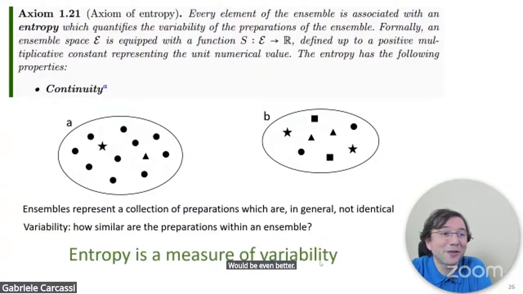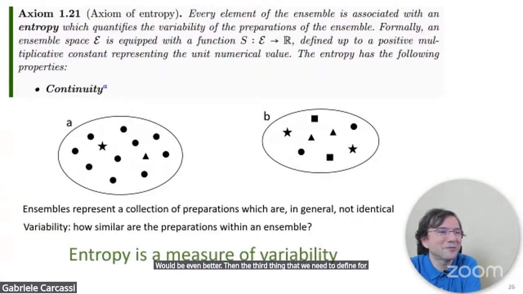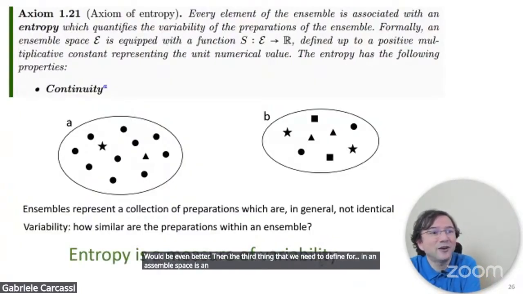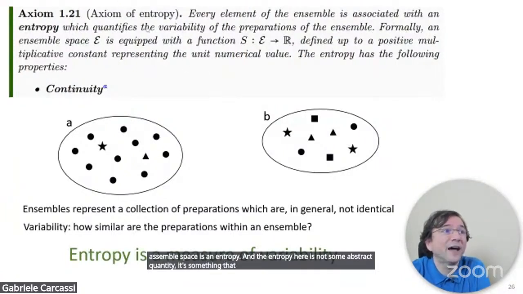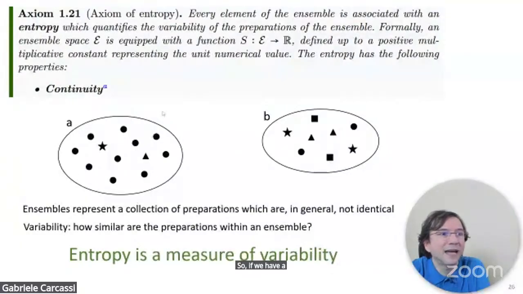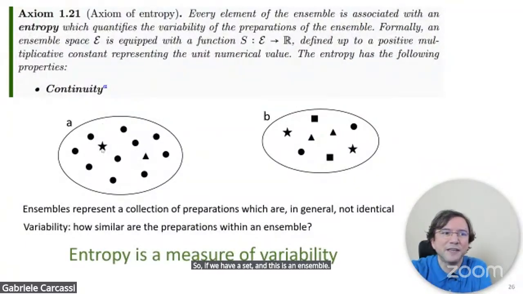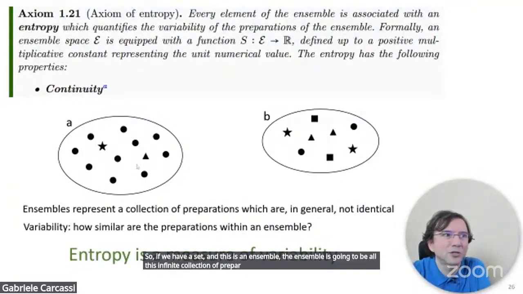Then the third thing that we need to define in an ensemble space is an entropy. And the entropy here is not some abstract quantity, it's something that quantifies the variability of the preparation of the ensembles. So if we have a set, and this is an ensemble, the ensemble is going to be all this infinite collection of preparations.